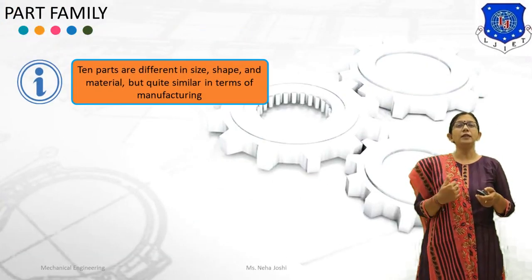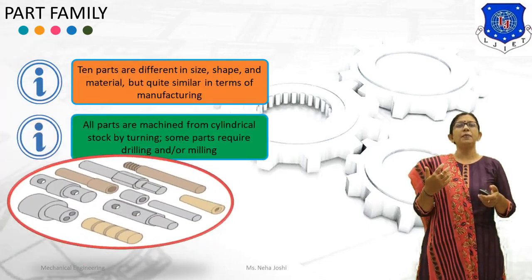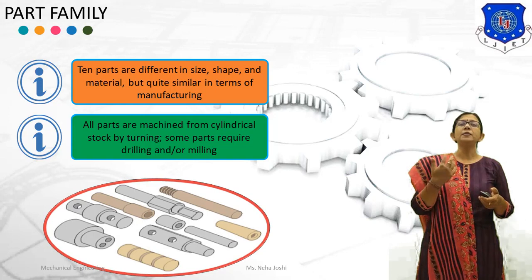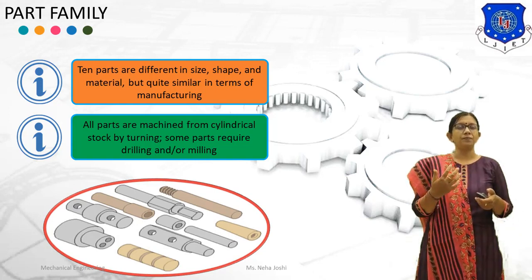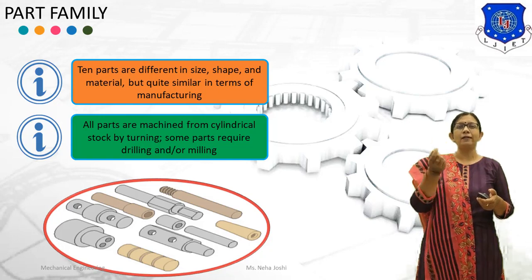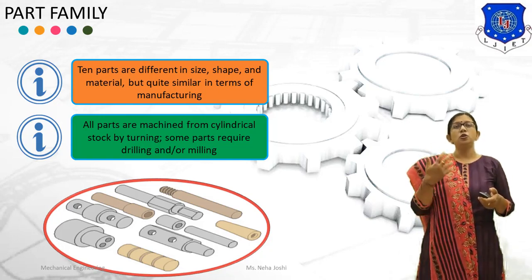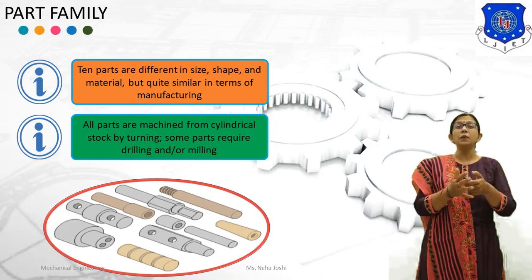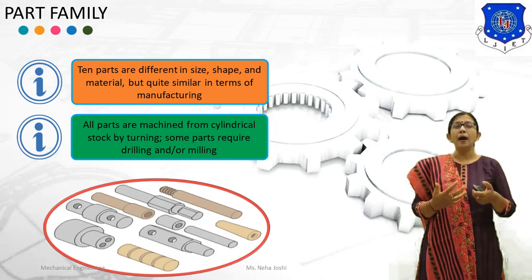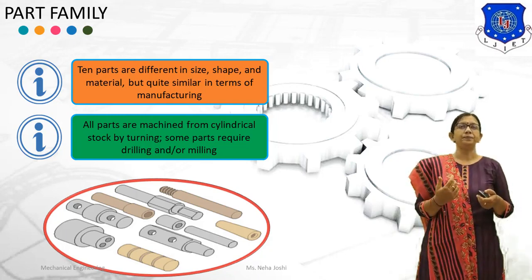Now here you can see 10 parts that are different in size, shape and material, but quite similar in terms of manufacturing. All the parts are machined from cylindrical stock by turning. Some parts require drilling and or milling. So based on the manufacturing required to produce the part, we can group them in one part family.